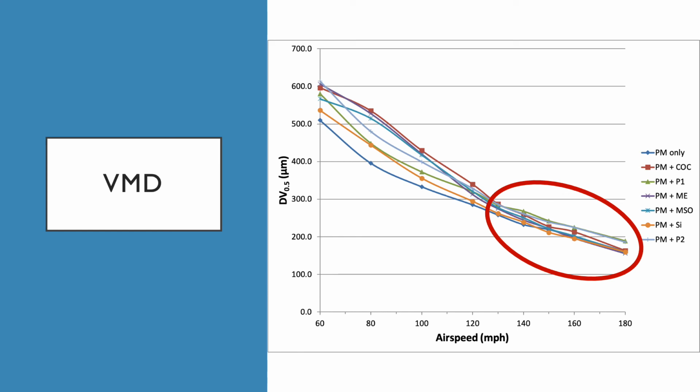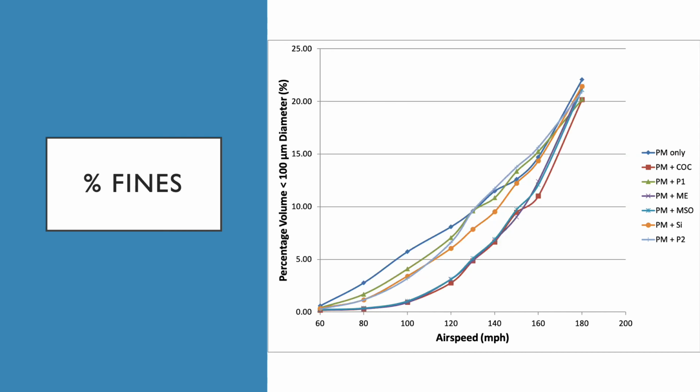And this is due to this secondary breakup becoming so much more significant in the overall process, and actually starts becoming basically the most dominant factor that's driving the atomization, meaning that as your airspeeds start increasing over 130, 140 mile an hour, your solution effect really lessens. With the percent fines, we see very similar trends.